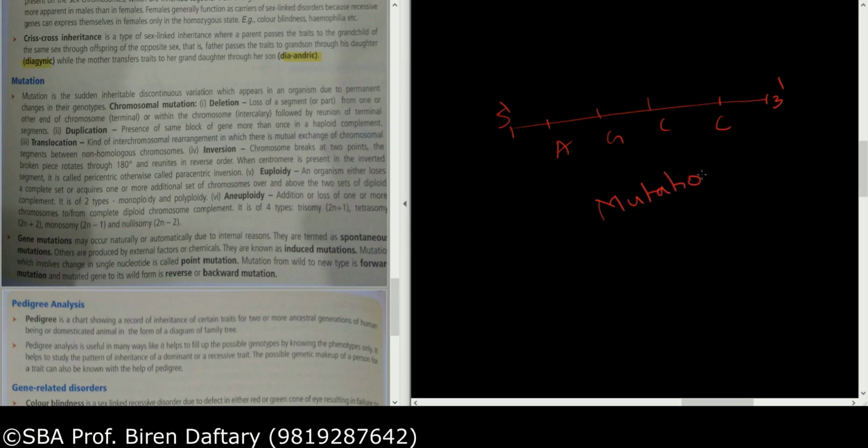So mutation is basically a change in the sequence of nitrogen bases or nucleotides. Correct?